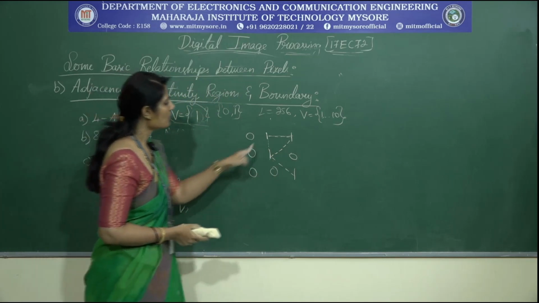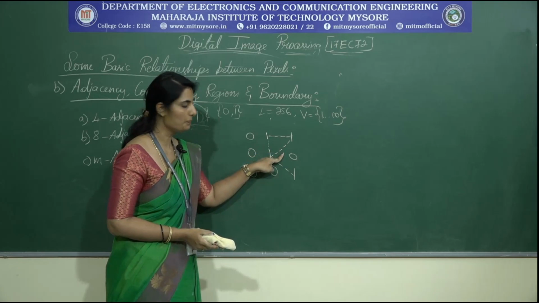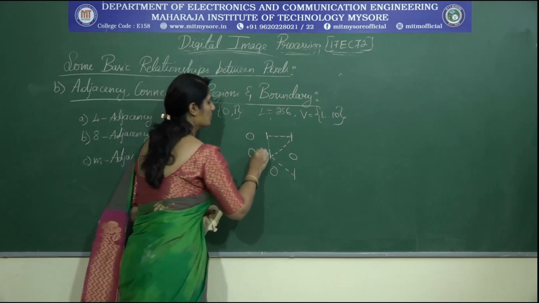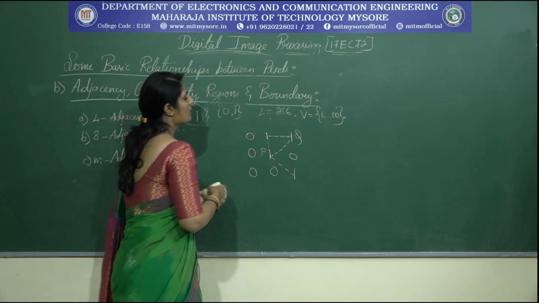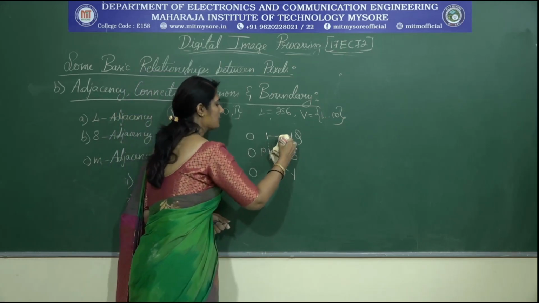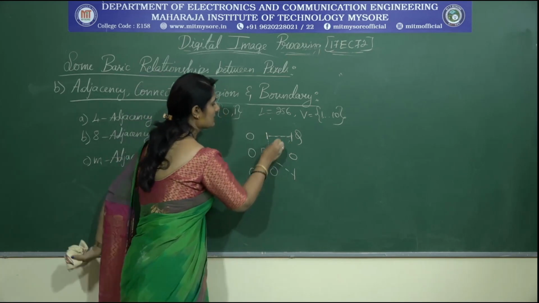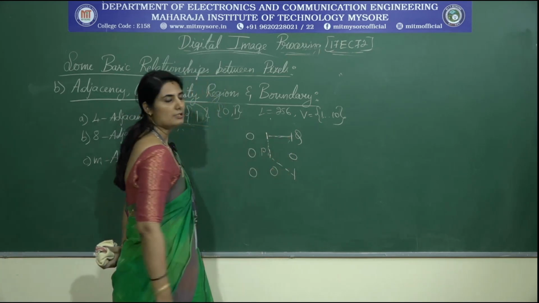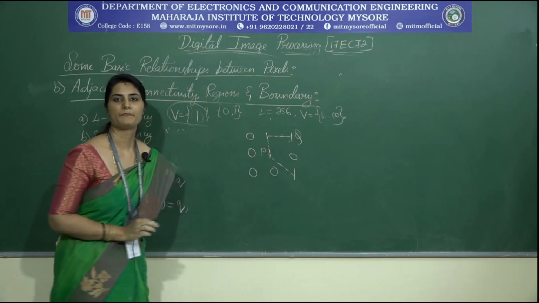Whenever you have ambiguities like this, whenever you have two paths from P to Q, then what we prefer is always the 4 adjacent path. This is of first preference. This path we call the M adjacent path.